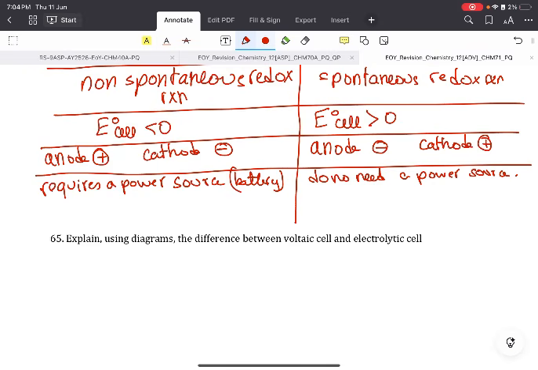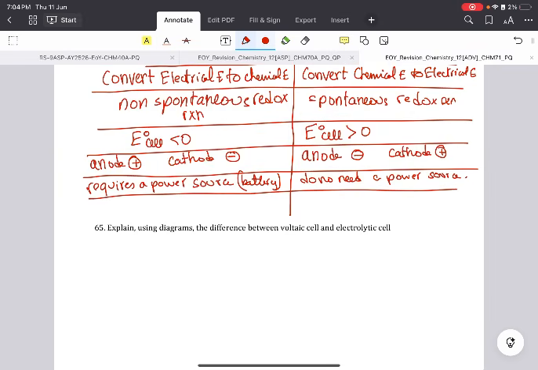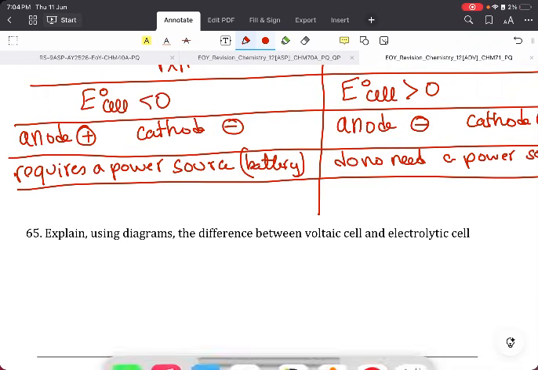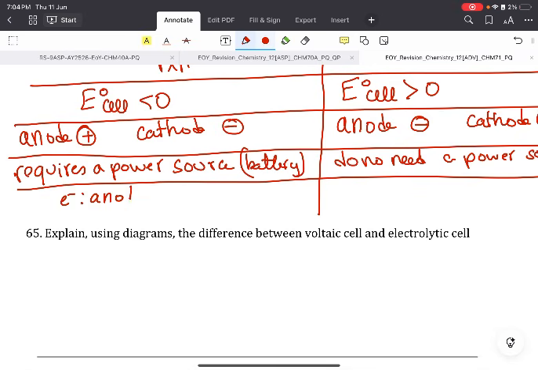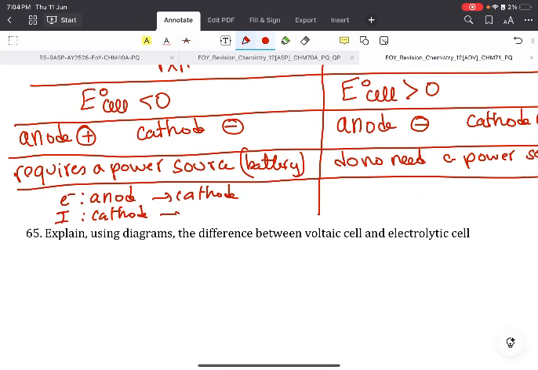What else? Now, common things between the two: electrons go from anode to cathode and current from cathode to anode, and it's exactly the same.